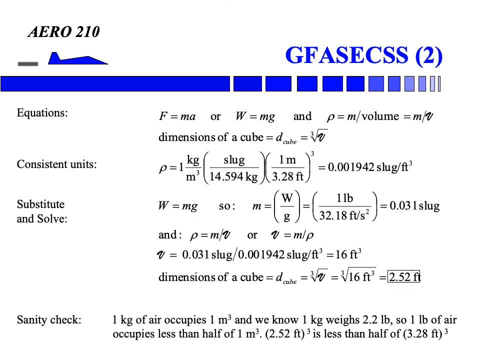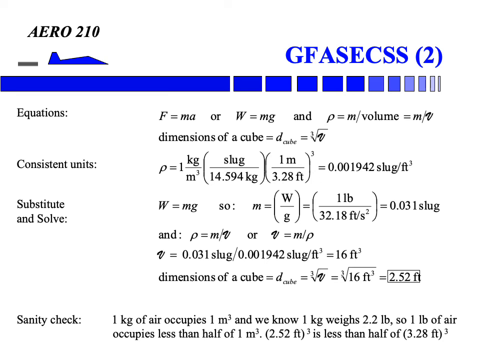Then we finish up. We move down the GAFASICS acronym, so we can't see all of it on this slide, but we can see some of what we did before, and we continue working on our problem. We have that density is equal to mass over volume, or volume is equal to mass divided by density. So again, we solve algebraically, and then we substitute and solve for a numerical answer.